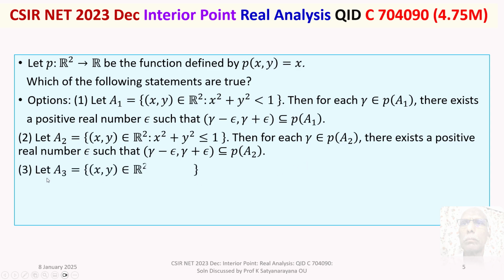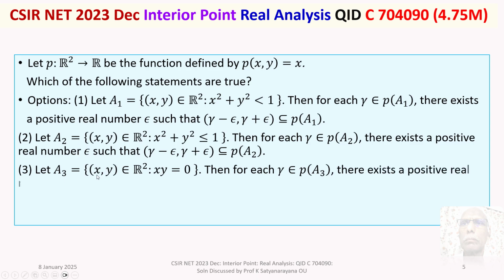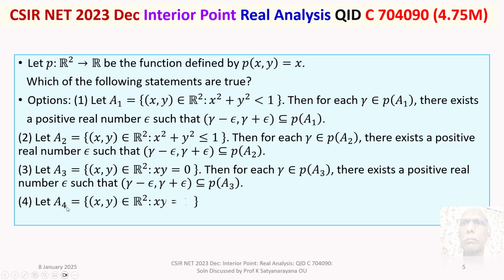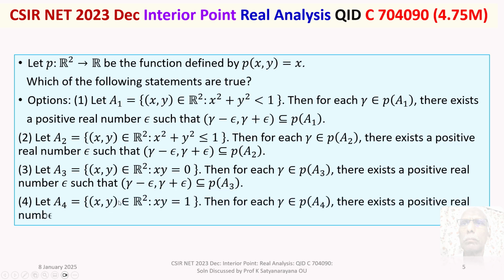Option 3. Let A3 be the set of all those ordered pairs x comma y such that xy, the product, is equal to 0, and a similar statement as in options 1 and 2. In the case of option 4, A4 is the set of all those ordered pairs x comma y such that xy is equal to 1, ditto as above.